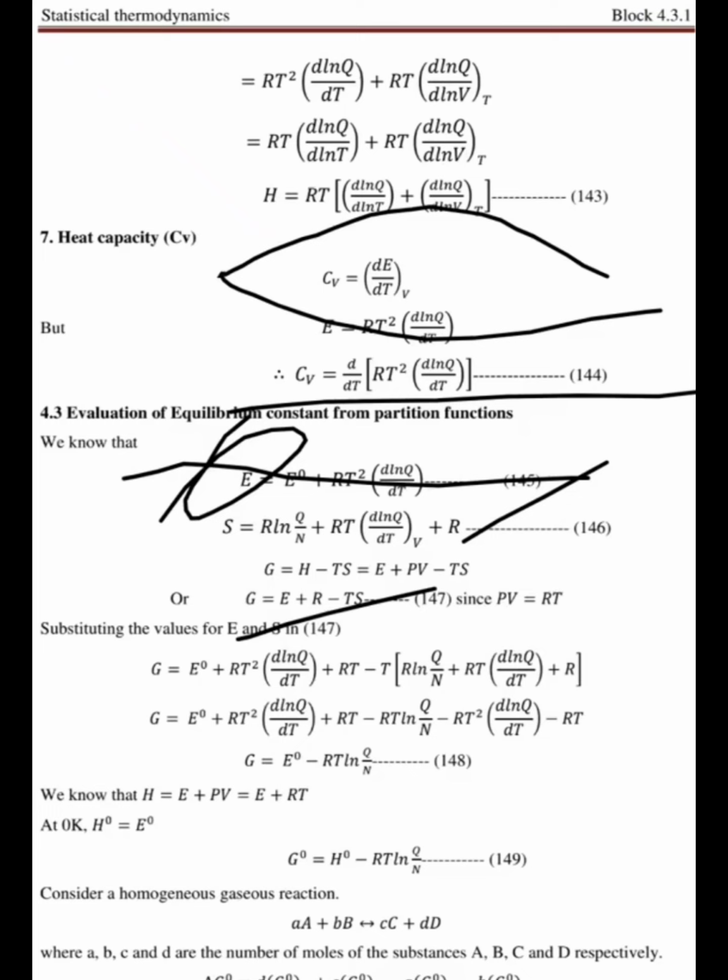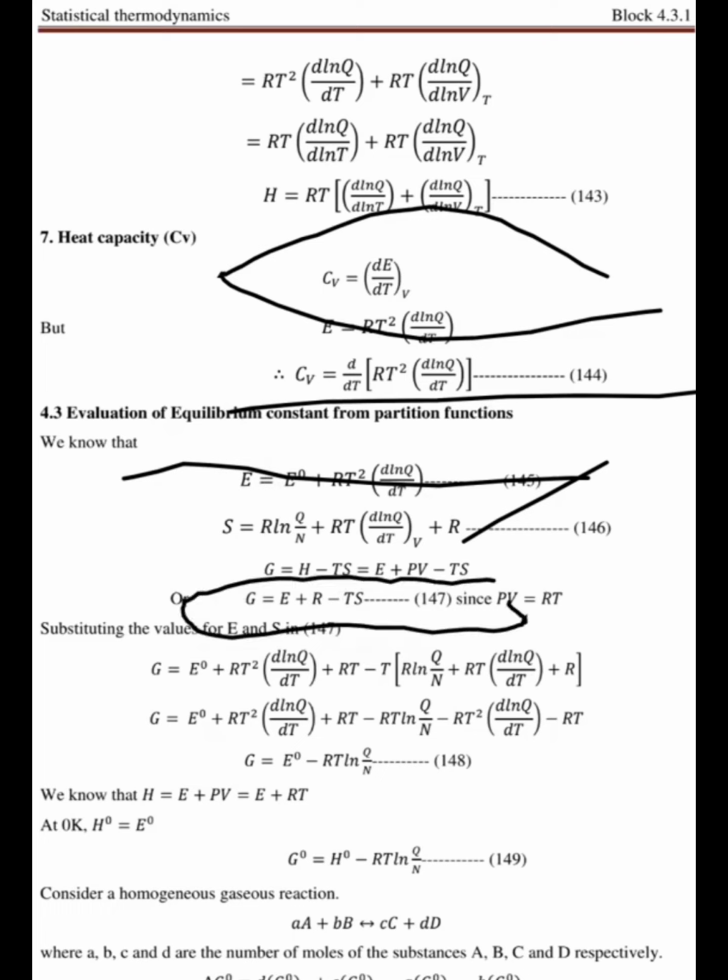So those values you are going to insert in equation 147. So G is equal to E naught minus RT ln of Q by N, that is equation 148 after substitution of this, where we know that H is equal to E plus PV, where it can be written E is equal to RT for H.